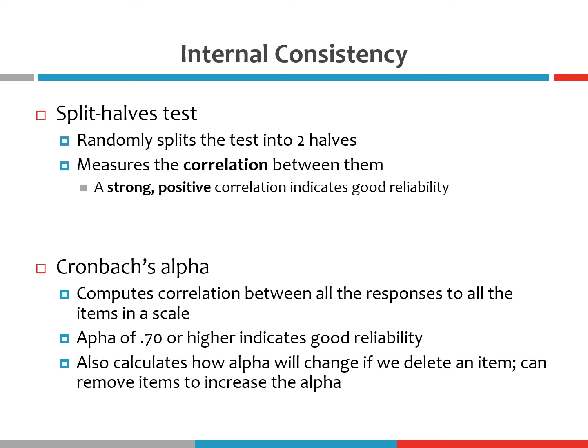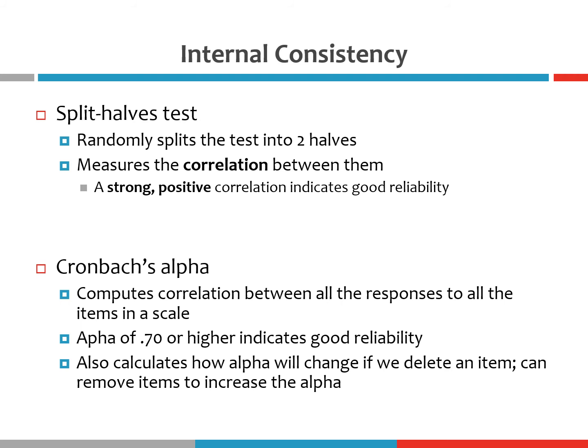Okay, so the way that we interpret Cronbach's alpha is that an alpha value of 0.70 or higher is going to indicate good reliability, okay?